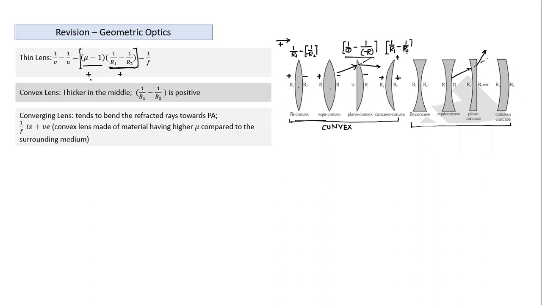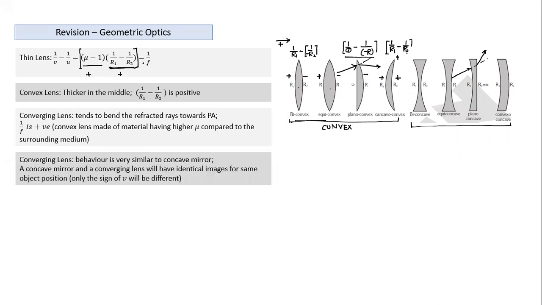So any lens placed in air is a converging lens if it is a convex lens. Or, in a more general way, if the lens is placed in a medium which has a refractive index lower than the lens material, all convex lenses will be converging lenses. So both terms are positive. This whole term has to be positive. That's converging lens behavior.